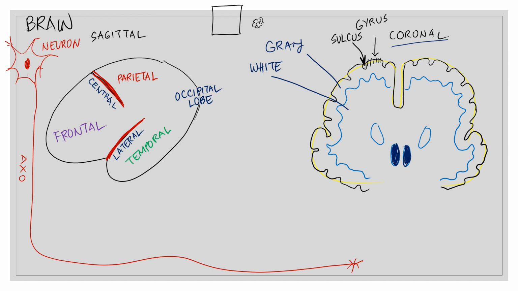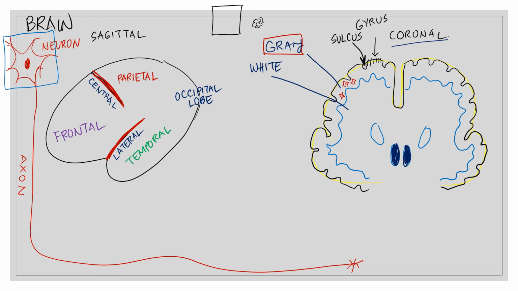Now, when we talk about gray matter, we are talking about this. So your gray matter basically is where you would find your nerve bodies.